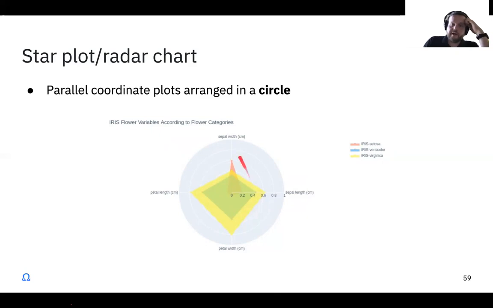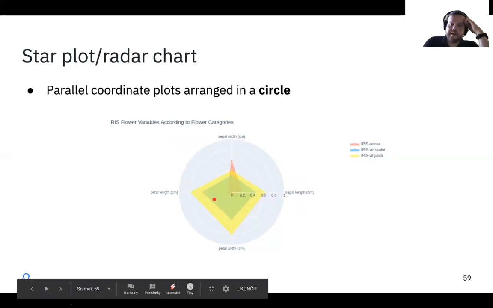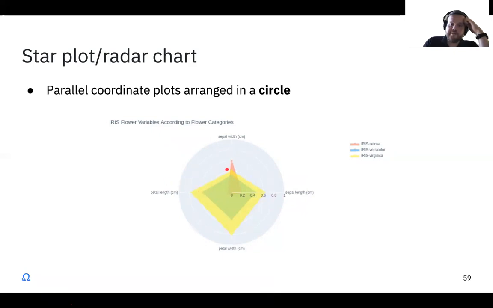So our axes are arranged in a circle, as you can see, and then we are visualizing here possibly the averages on the individual axes, and we're also coloring the area between those 4 points, basically.